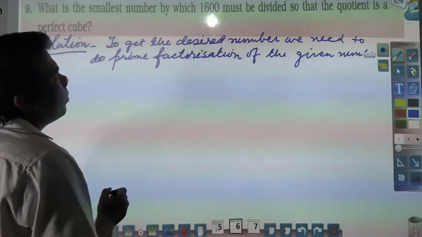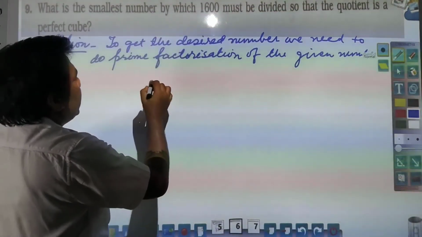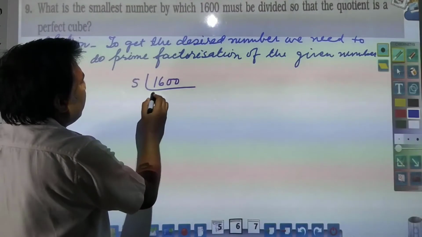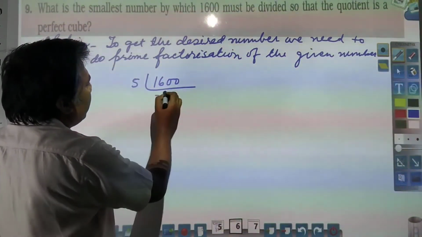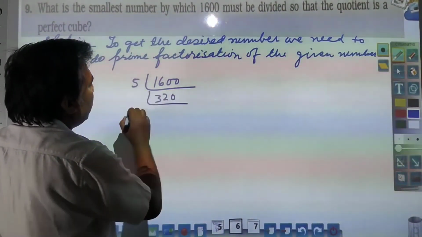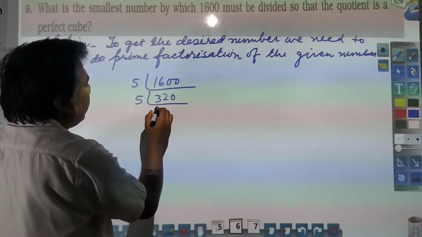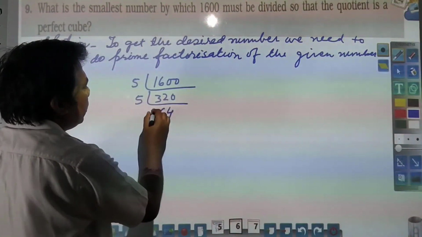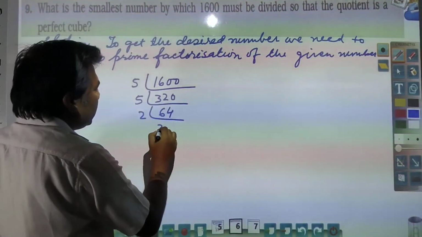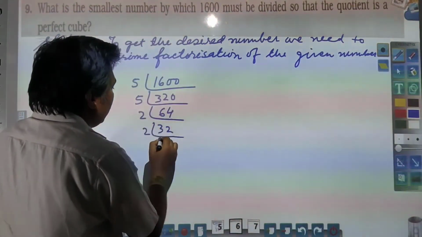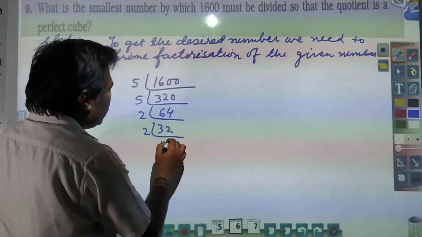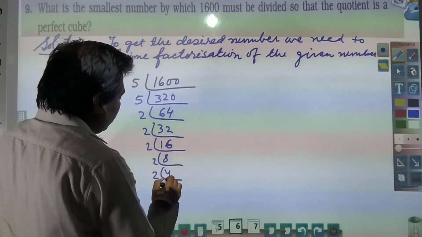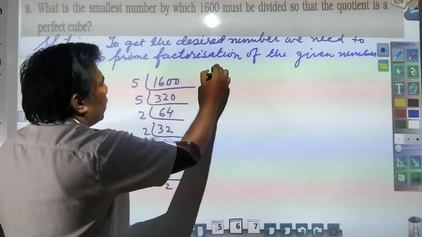So here your number is 1600. Divide it repeatedly by 5 and 2, carrying out the divisions step by step until you reach 1.